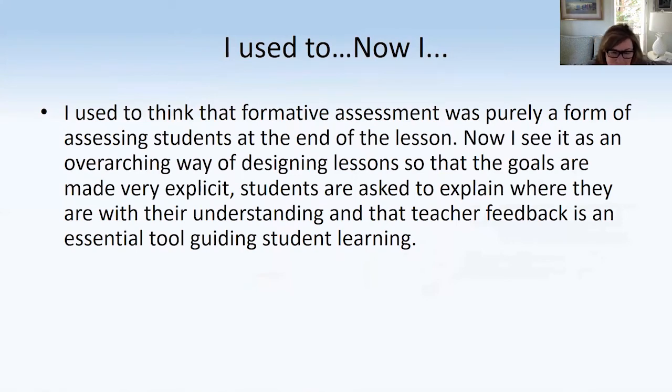And of course, teachers can't give that feedback if they don't have a consistent understanding themselves of where that learning is. That's what we'll be moving into next time when I see you face to face. We'll be thinking about designing lessons and including teacher responses such as feedback.